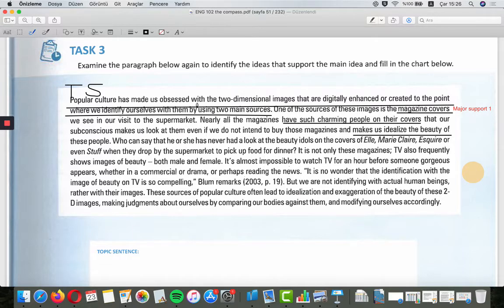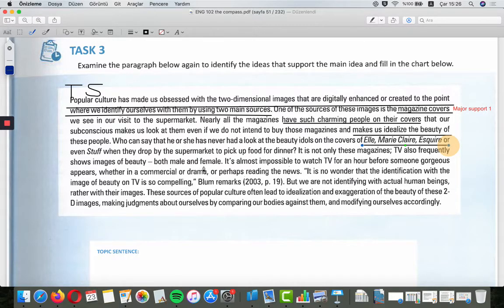Does this go along with my topic sentence? Yes. Let's move on. It says, who can say that she or he will never look at the beauty idols on these magazines? Okay, so here it's giving more examples, okay? These are some examples. And then it goes on and finishes with the first major support number one.